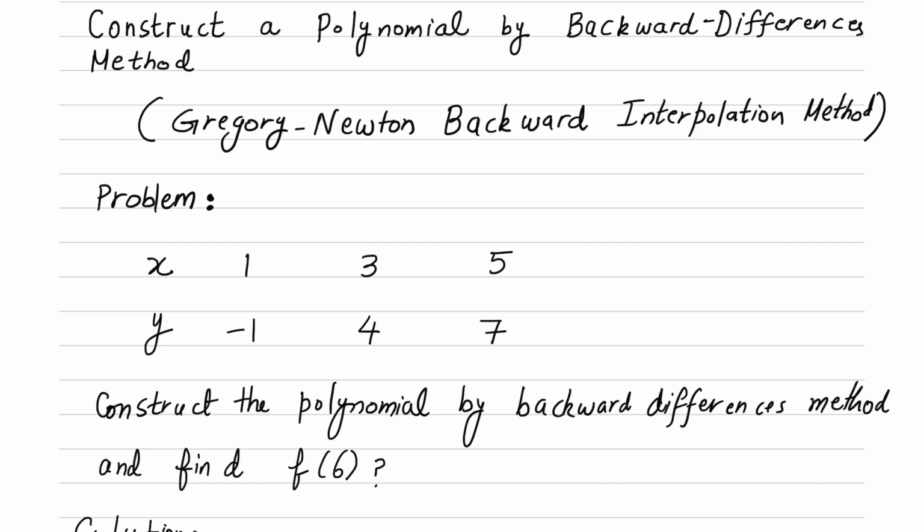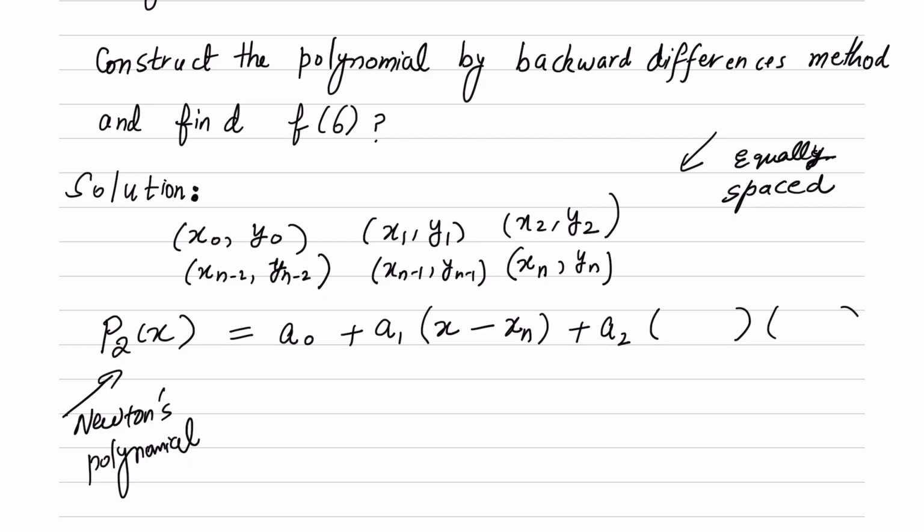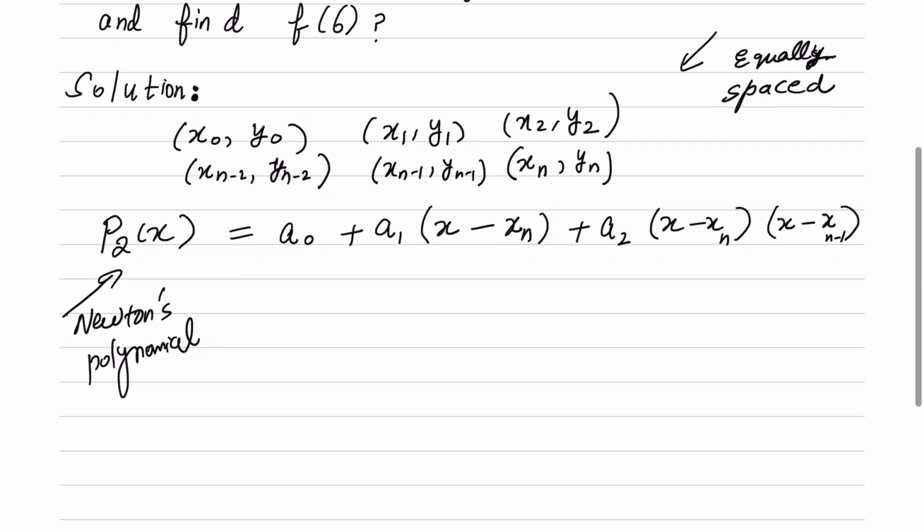We are writing P2, so we'll stop at a2 and two linear factors. One is x minus xn, and one is the x behind xn, which is xn minus 1. So we have written the standard Newton's polynomial for backward differences.